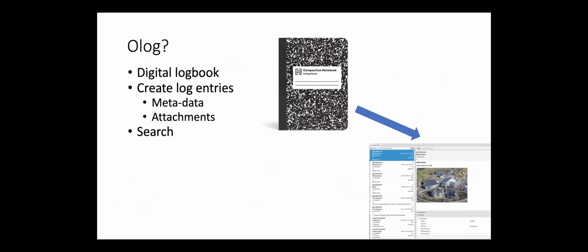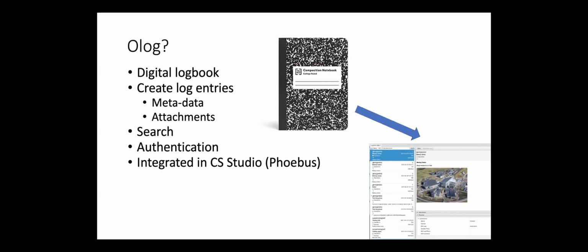It supports searching for log entries. It supports authentication so that only authenticated users can create log entries. Anybody can read log entries, but the creation of log entries should be controlled.